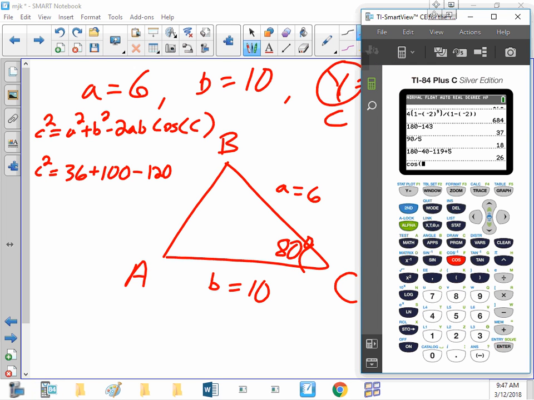So the cosine of 80, not 60, 80, is 0.17.